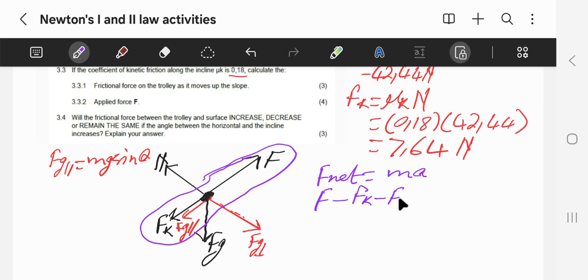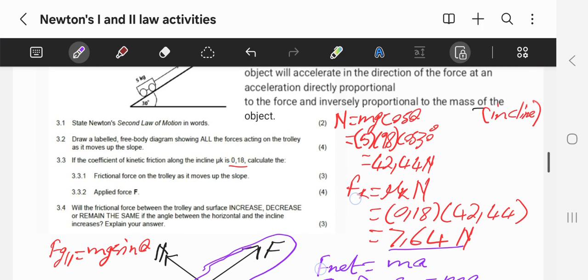F minus FG parallel is equal to ma, and now I'm going to substitute here the F that I'm looking for, minus this one, which is the value that I got here, 7.64, minus the FG parallel. My FG parallel is mg sine theta, so my mass of the object is 5.